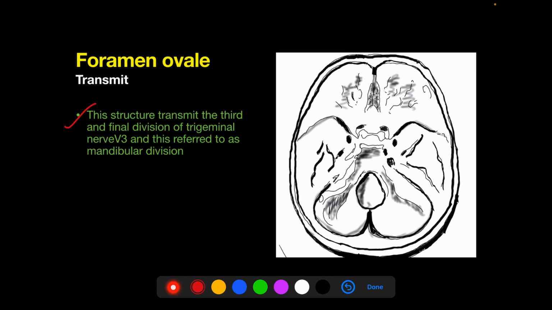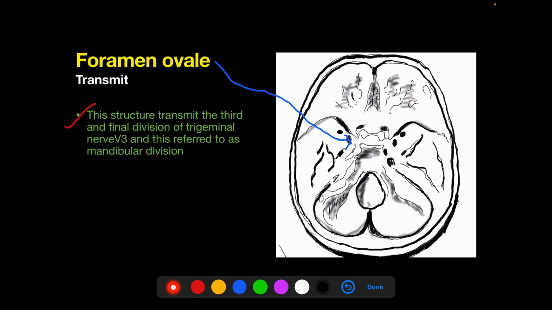Can you identify foramen ovale? It is here, and it also looks round, so that you can identify it. And this one is foramen rotundum, and this one is foramen ovale.